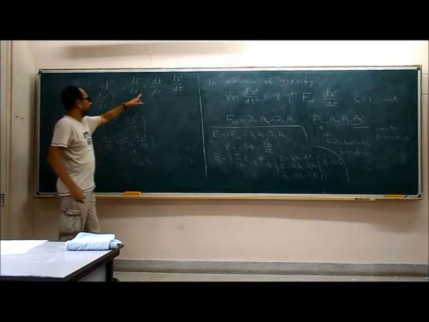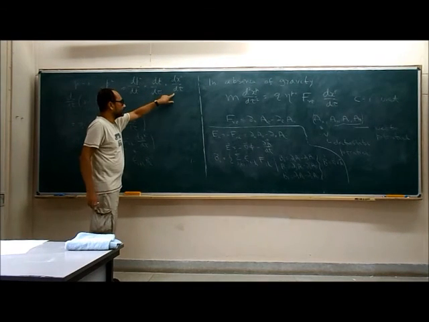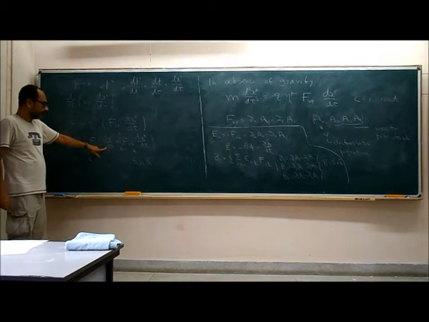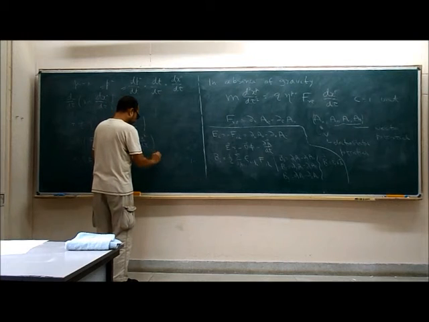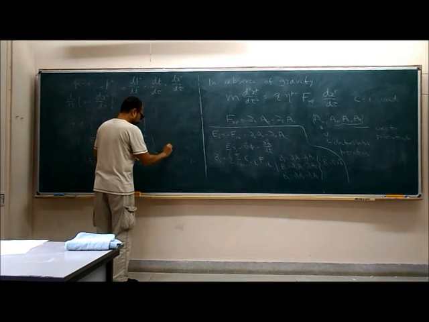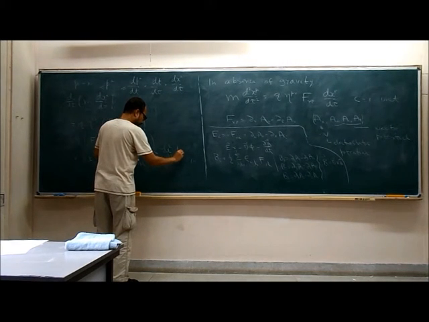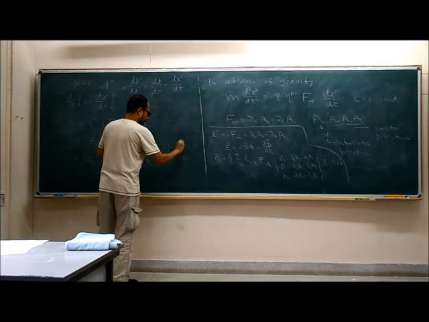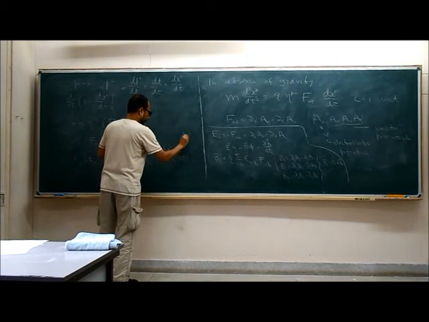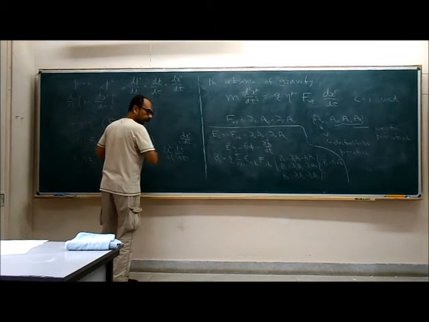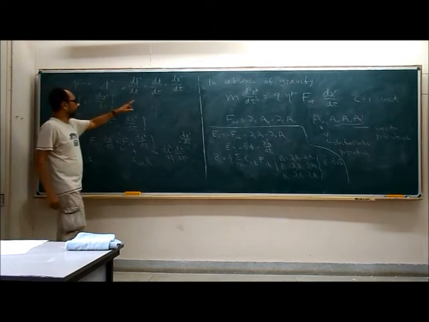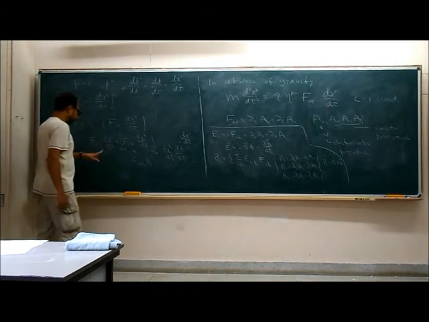So this is dpi/dt times dx⁰/dτ. There is already dx⁰/dτ here, factored. This one I will write as dxk/dt times dt/dτ, which is the same as dx⁰/dτ. So dx⁰/dτ is common between the left hand side and the right hand side.